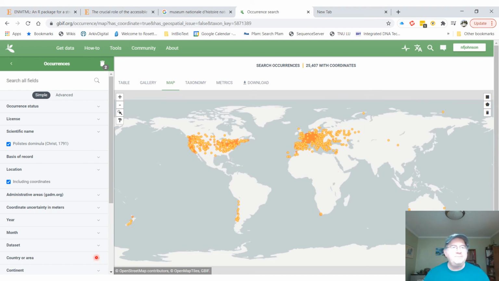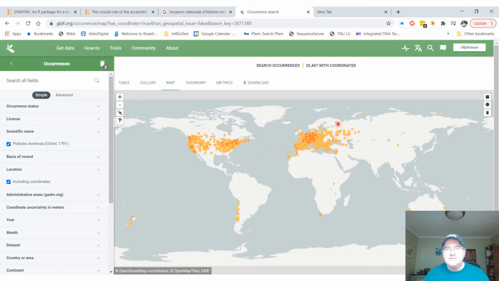In GBIF, here is a graphical representation of all of the specimens of Polistes dominula that they have cached records for. By cache, I simply mean that they store a copy of it. And so you can, I'm not going to do this, but you can zoom in on this to get a better idea.